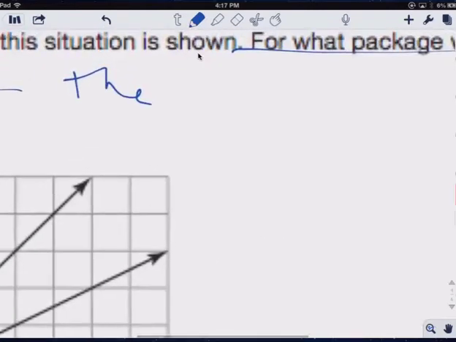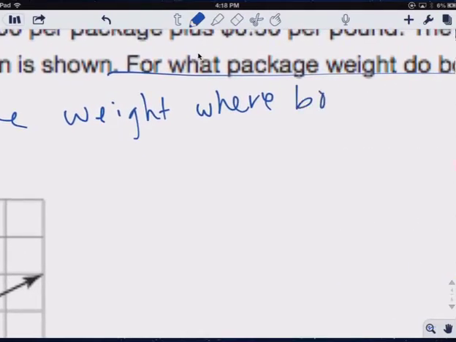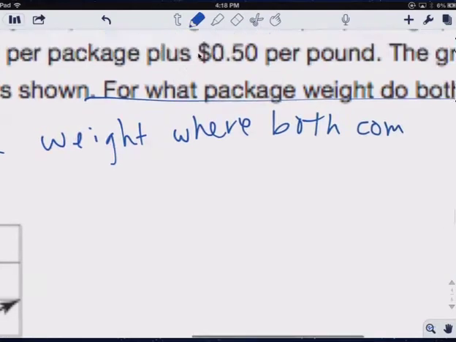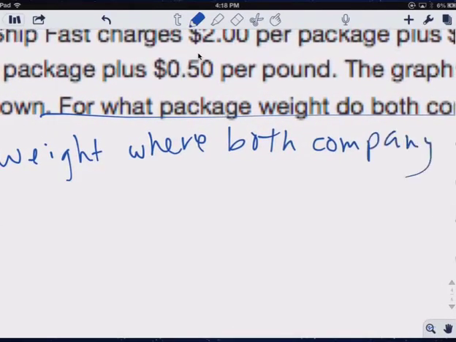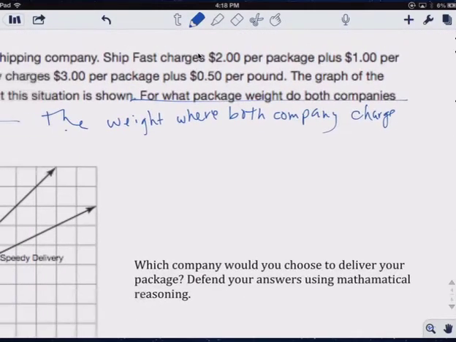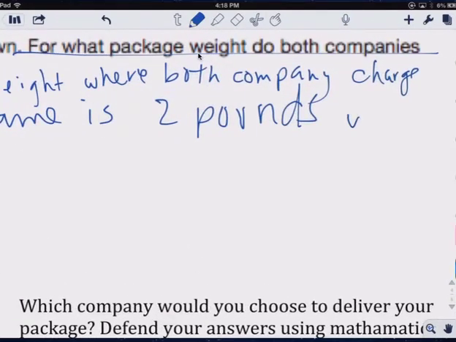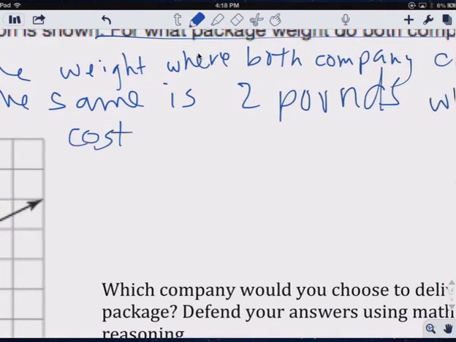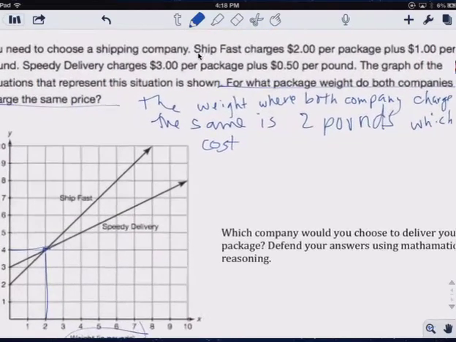The weight where both companies charge the same is 2 pounds, which costs $4.